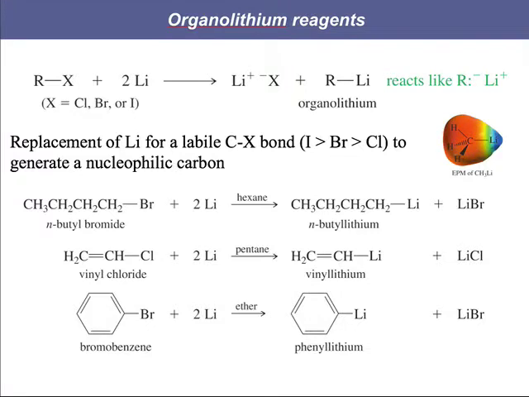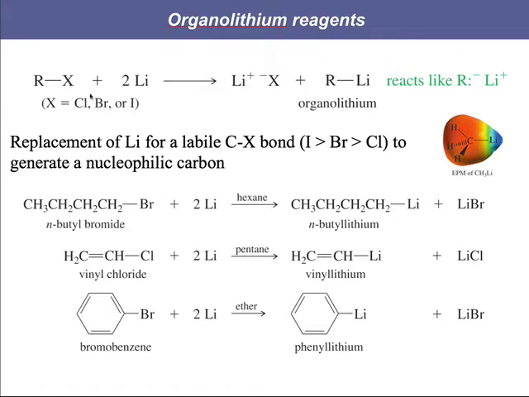There's another brand of organometallic reagents called organolithium reagents. This is basically the same thing that we just saw with Grignards, except we use lithium as the metal instead of magnesium. It's a slightly different recipe.